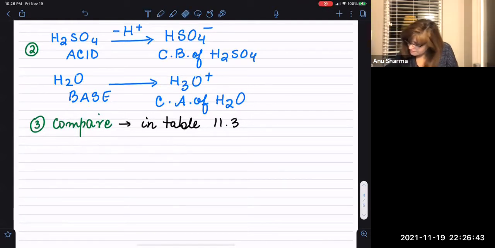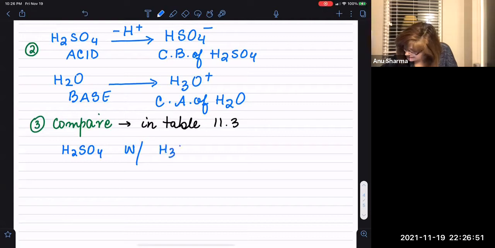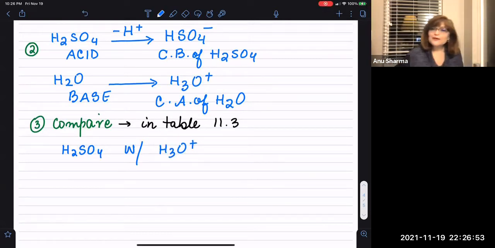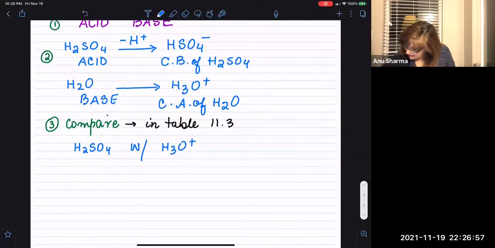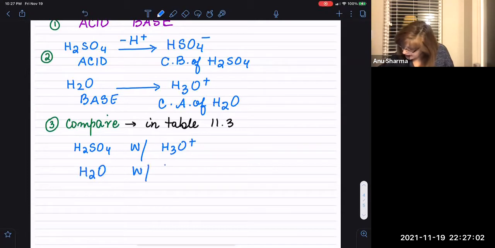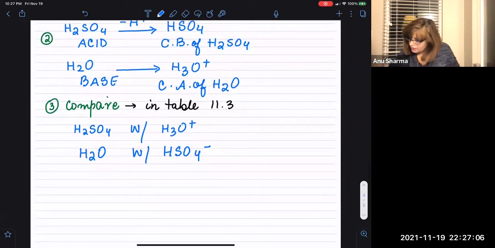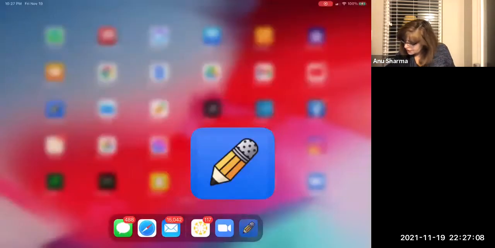Okay, compare from the table H2SO4 with H3O, that is the conjugate acid. And then the base is H2O, and compare that with HSO4, 1 negative. Now let's go with H2SO4 and H3O.